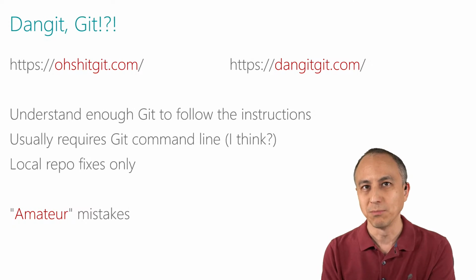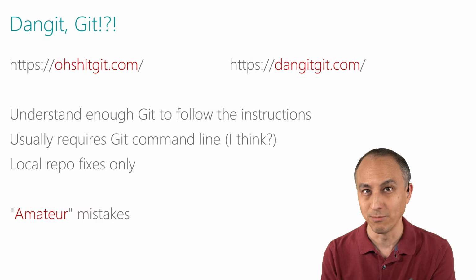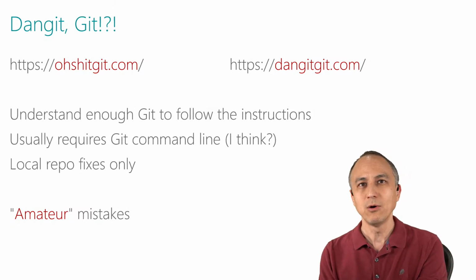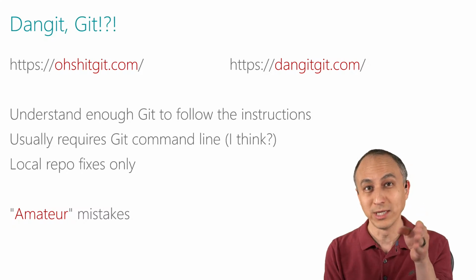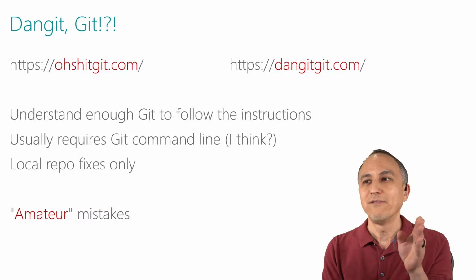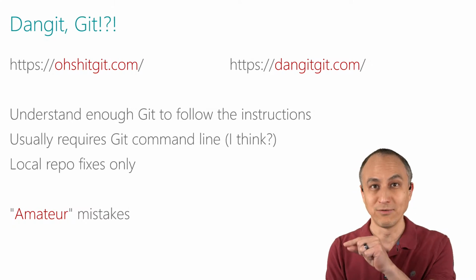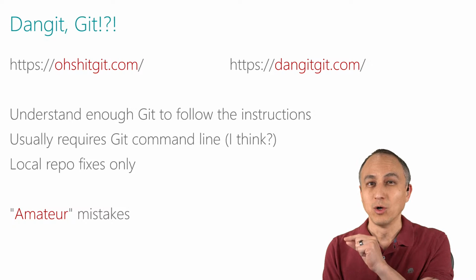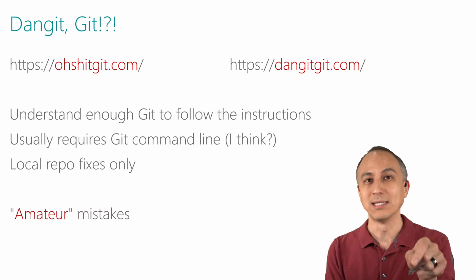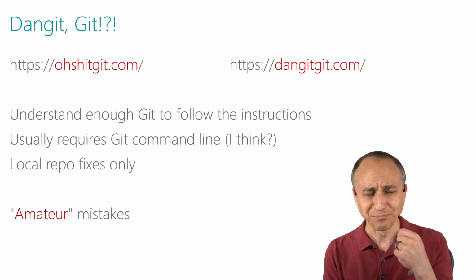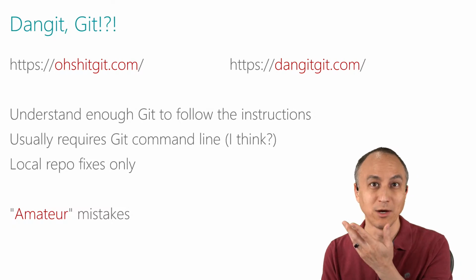When you need to fix something, those instructions are usually provided in terms of Git commands. And if you don't know any Git commands or any of the Git commands that got you to where you're in trouble now, I found it is nearly impossible to follow Git commands to get you out of the trouble you're in. So I wanted to know just enough Git so that I could get myself out of Git trouble.